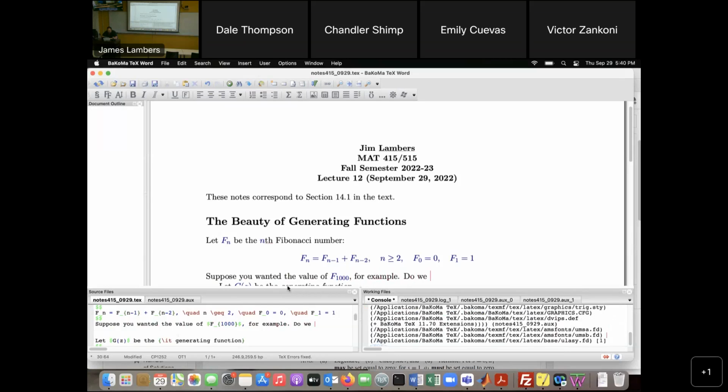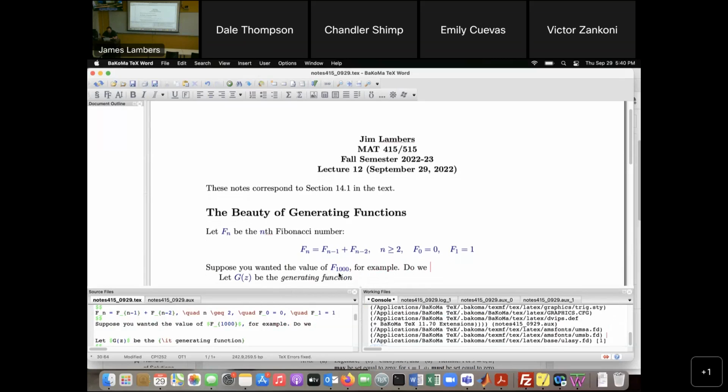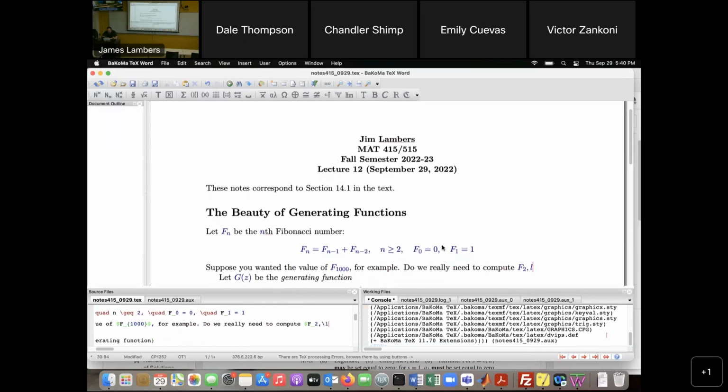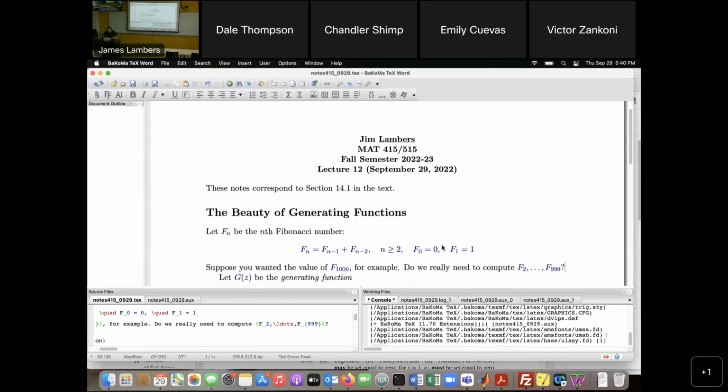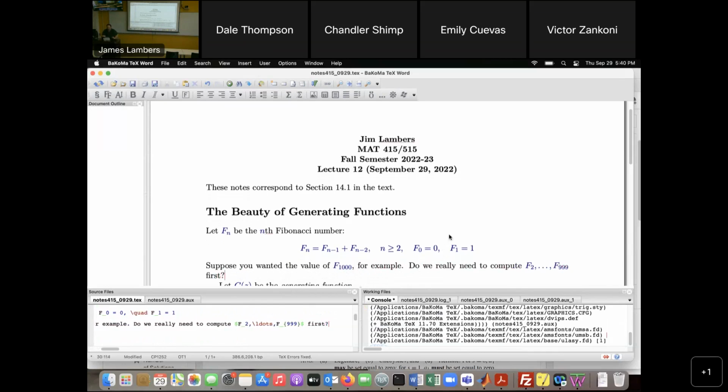It would be nice to be able to obtain the value of such a high index Fibonacci number without having to compute all the preceding ones. So do we really need to use this recurrence relation to compute all the Fibonacci numbers in between to obtain f1000?